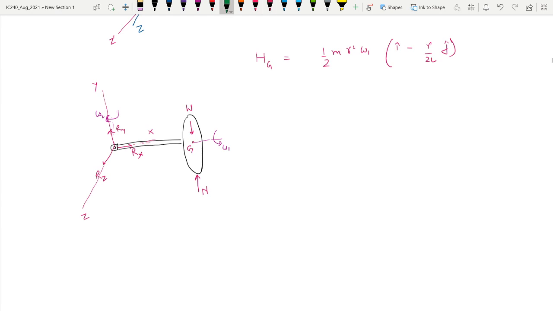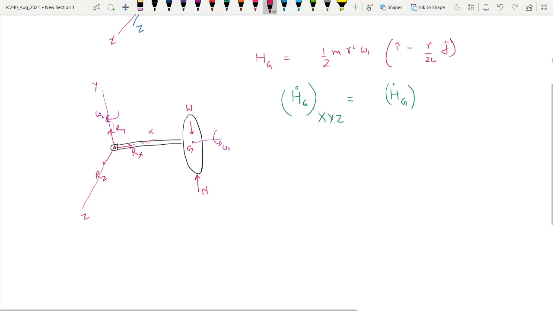Now here comes the key: we want to express the rate of change of angular momentum about the center of mass as observed from the fixed frame, and this will be equal to the rate of change of angular momentum of this disk about a frame which is attached to this thing. So let me draw another diagram.